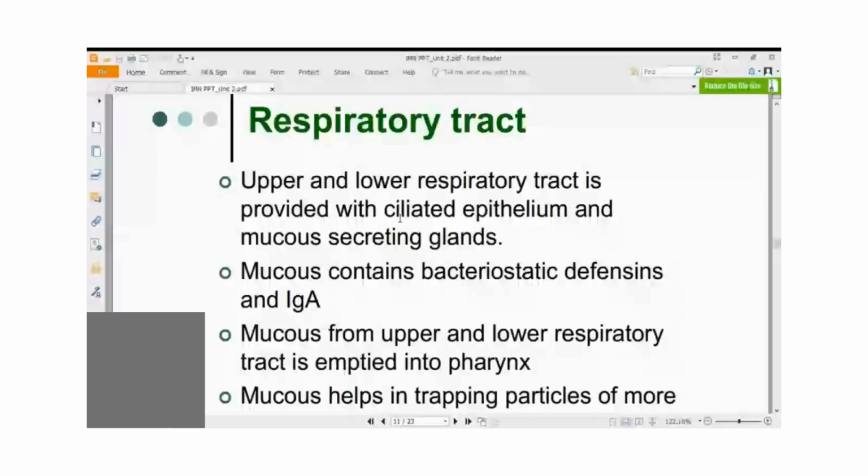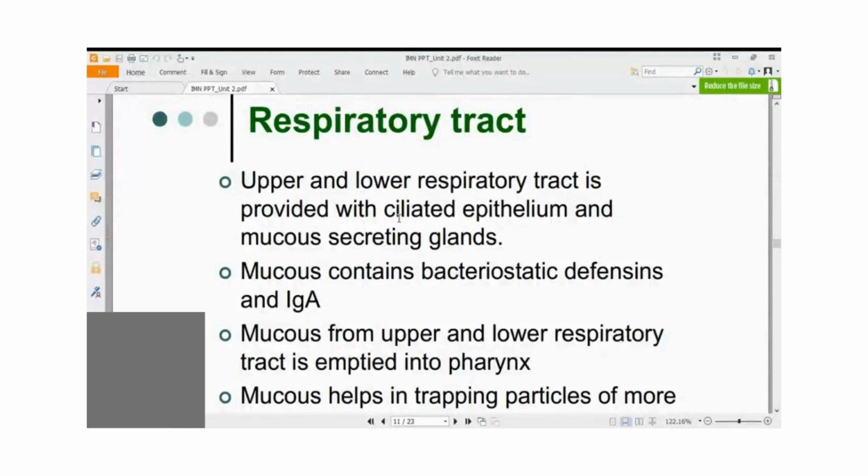We respire all the time. Since there is respiration and there are microorganisms in the environment, they can invade the respiratory tract anytime. One thing you remember, all these organisms are opportunistic invaders.